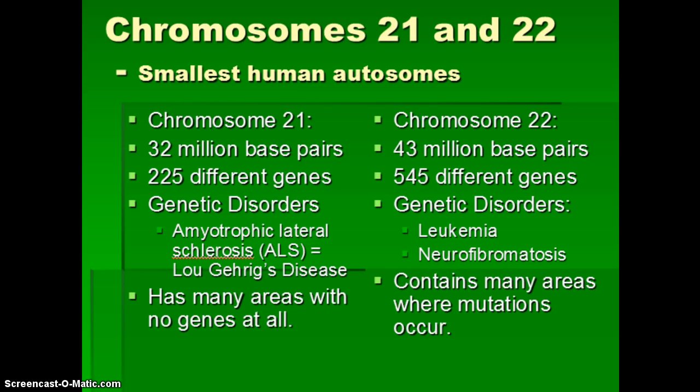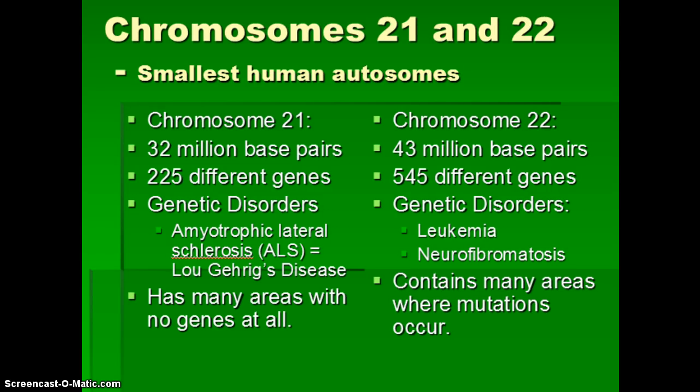Chromosome 22 has 43 million base pairs and 545 different genes located on that chromosome. There are 2 specific genetic disorders related to this chromosome: leukemia and neurofibromatosis. Both of these are kind of cancers.